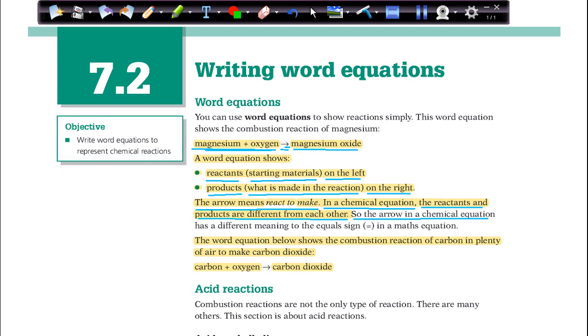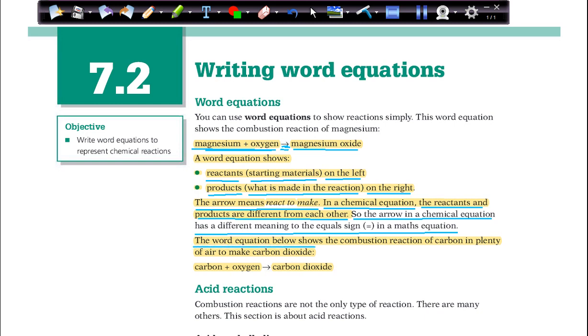So the arrow in a chemical equation has a different meaning from the equal sign in a math equation. We cannot write equal here because they are not equal. Magnesium is different from magnesium oxide, and oxygen is also different from magnesium oxide, because magnesium oxide is a compound, but these two are elements.